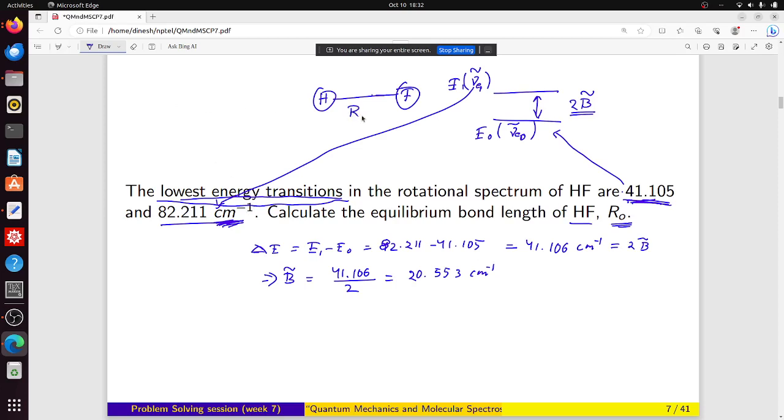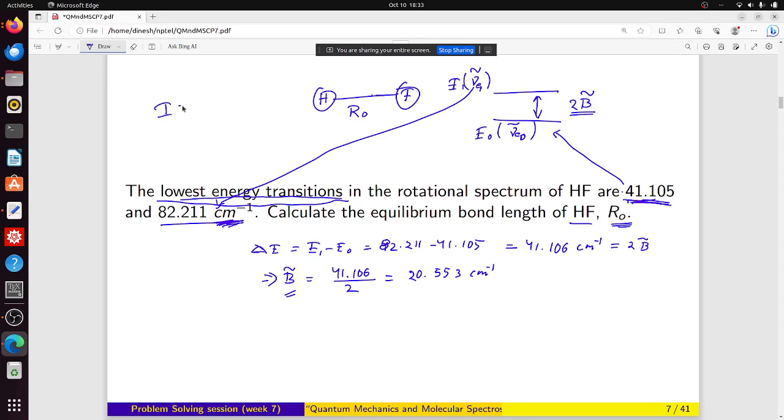Okay, so we need to calculate what? The bond length, right? So we know b tilde. How will we proceed from here? Do you know any relation of bond length and whatever variables are given in this question? Like we did last class, or the class before last.